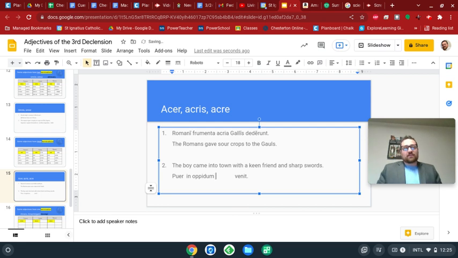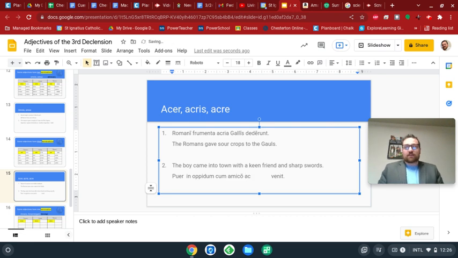Now we need to add with a keen friend and sharp swords. So cum is our with. Now cum takes the ablative. So when we put keen friend, both of those are going to be in the ablative. Cum amico, with a friend. Now, after friend, we need to put our word for keen.